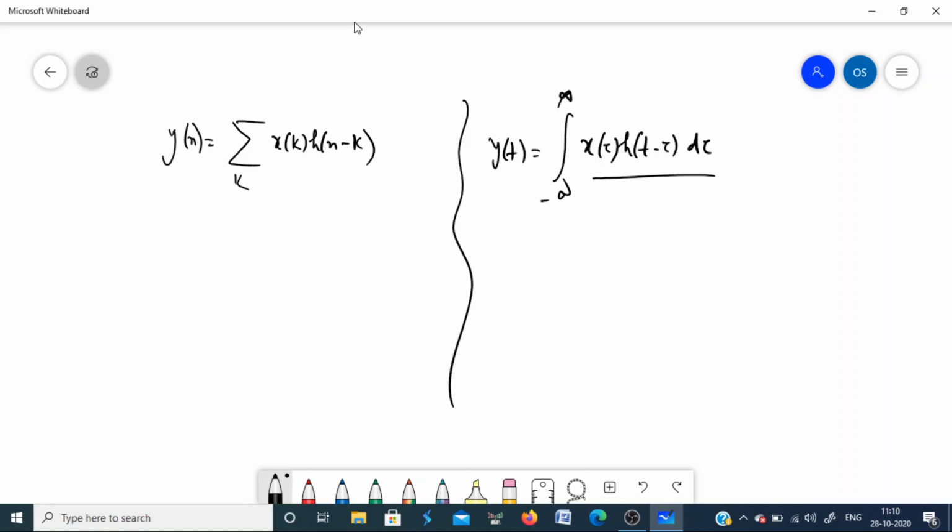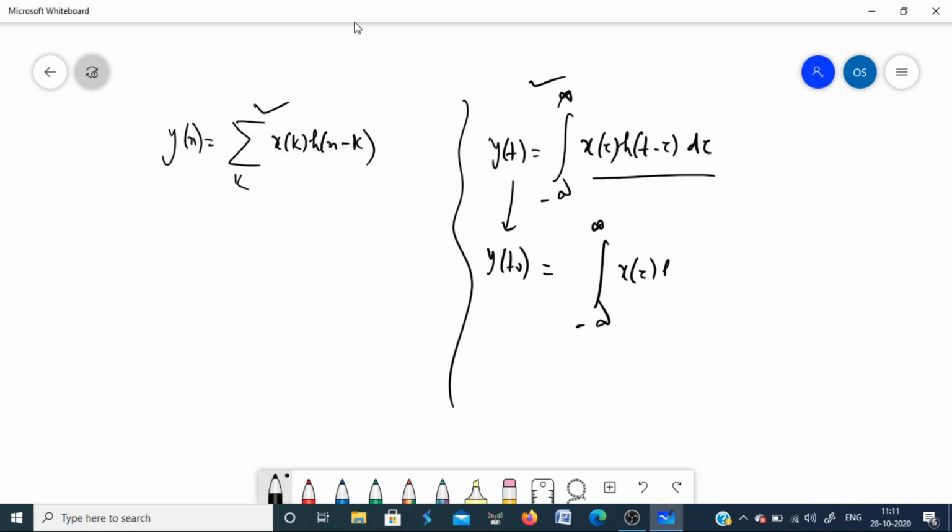Okay, so the only difference is in the variables, and the summation is replaced with integration. Otherwise, the process for finding the convolution is same. So you have to again, suppose if you want to find this y(t) for any value of t naught, y of t naught, what you will get?